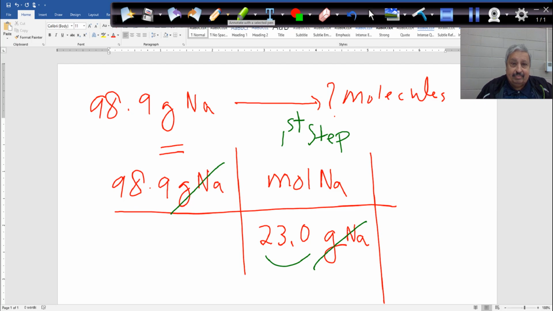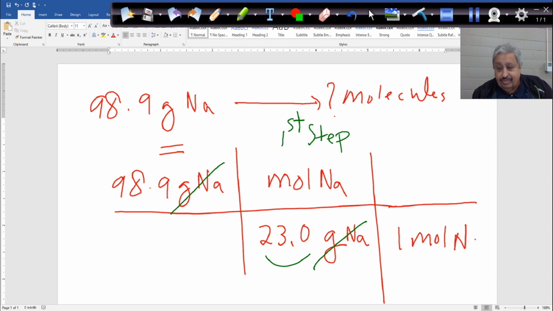The second step is, by definition, 1 mole of sodium is Avogadro's number of sodium molecules.